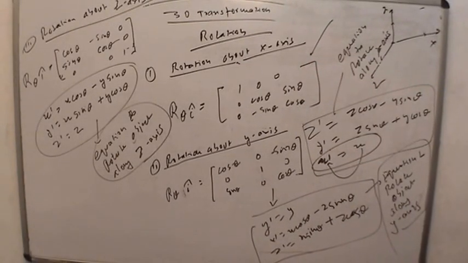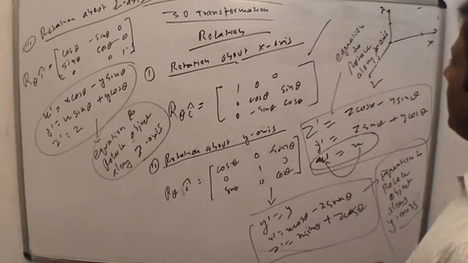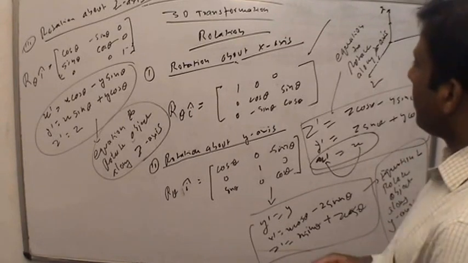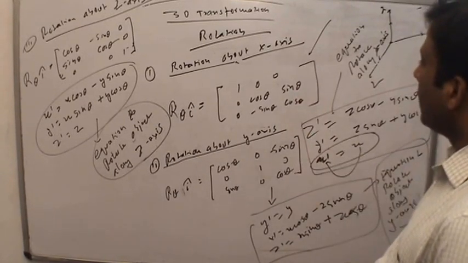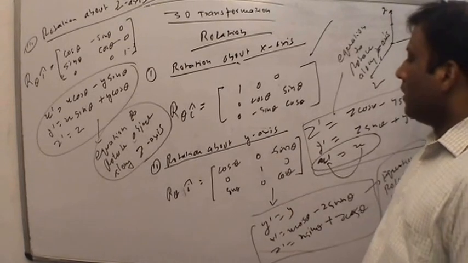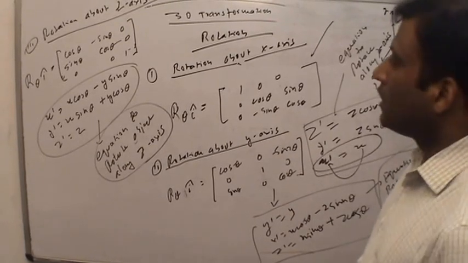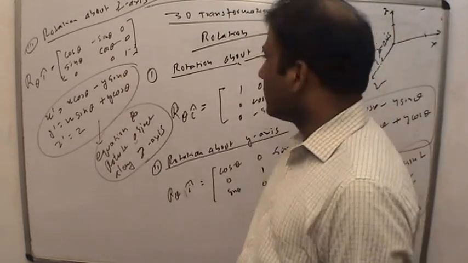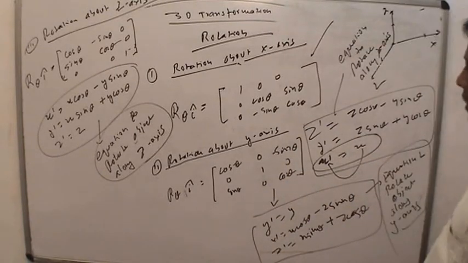As you see the difference, this is the matrix when we rotate the object along the x-axis, this is the matrix when we rotate the object along the y-axis, and these are the matrices when we rotate the object along the z-axis.